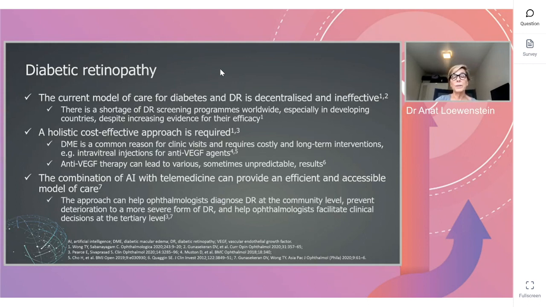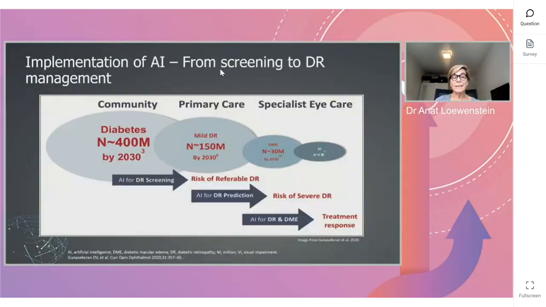It will help ophthalmologists diagnose the disease already at the community level, prevent deterioration by sending them for early therapy, and it can help the ophthalmologist to facilitate the clinical decisions also in the tertiary referral center.